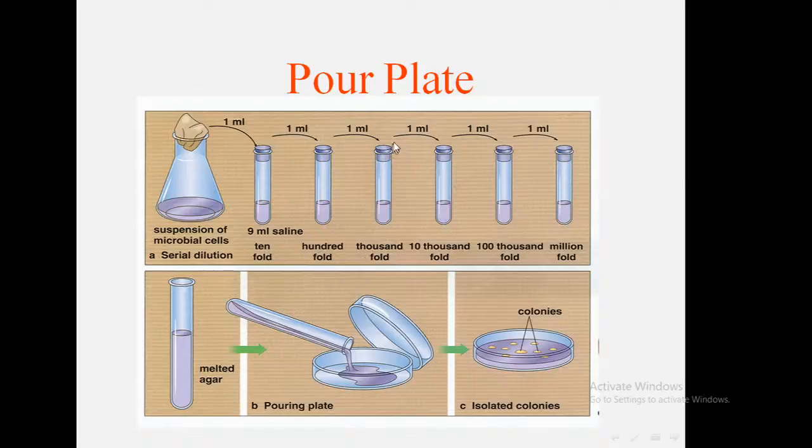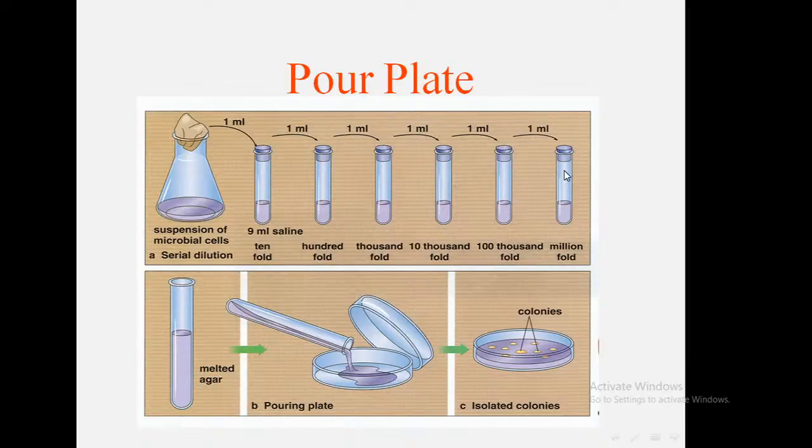Then again take 1 ml from this test tube and dilute it in 9 ml saline water. So this is 10,000-fold diluted. Likewise, take 1 ml from the 10,000-fold solution and add it into 9 ml saline water, then it is 1 lakh fold.